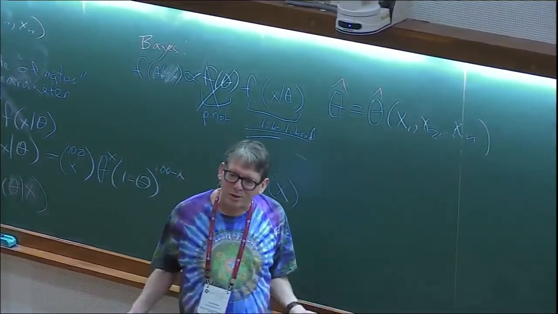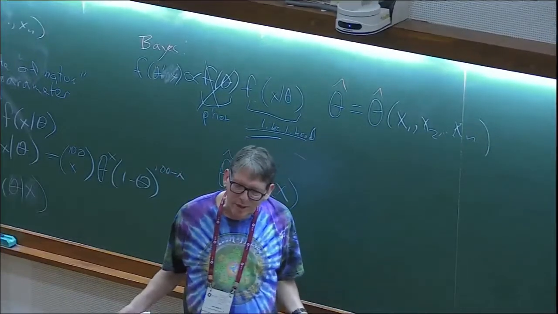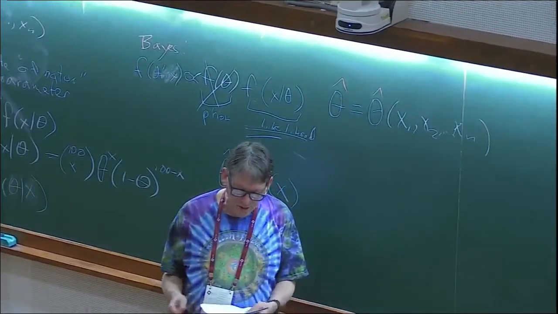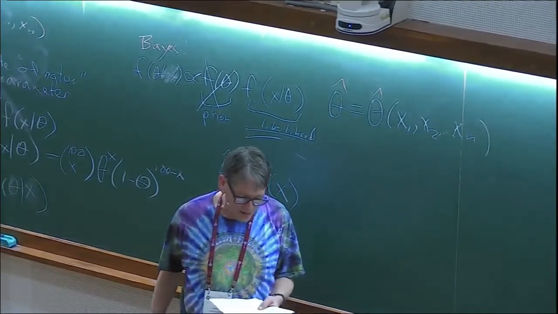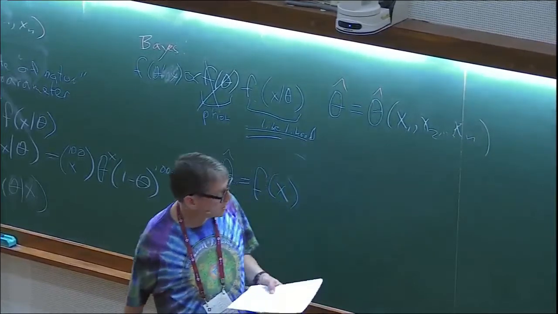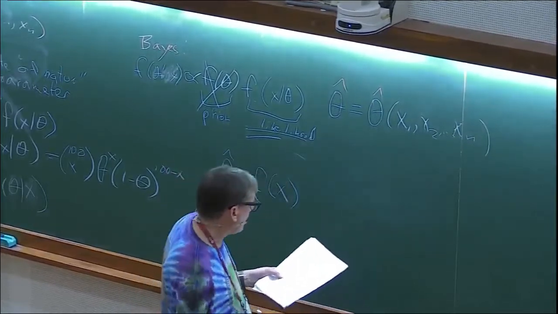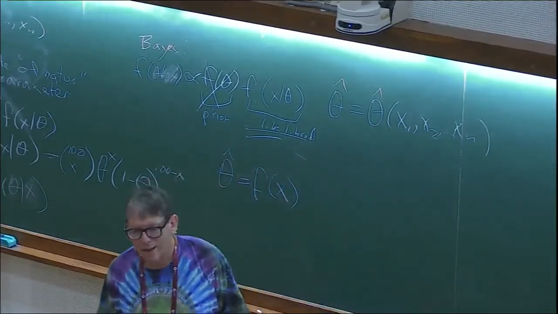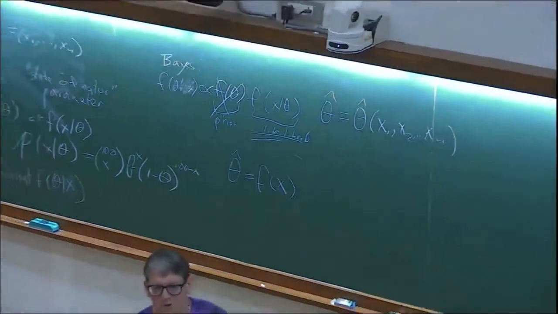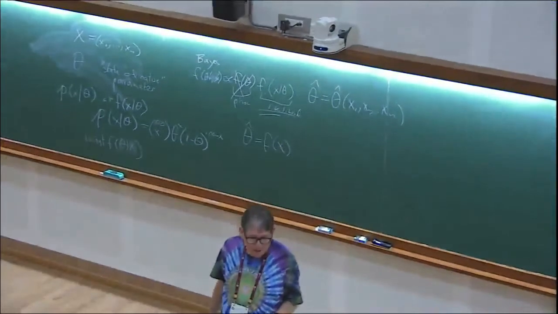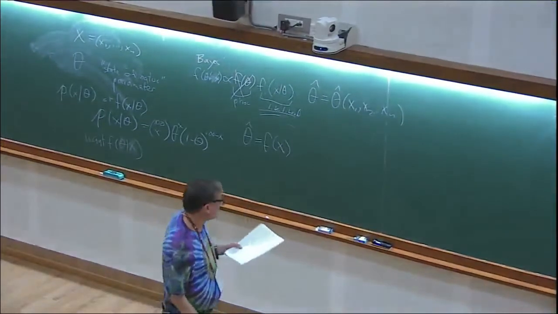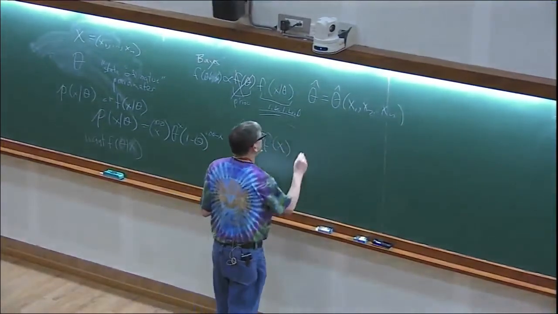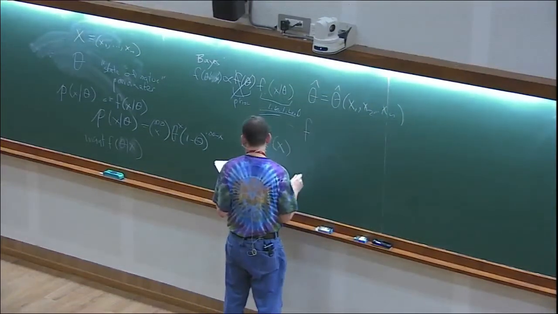Now in general, this can be very complicated, although there are cases where you can work it out exactly and check the quality of your approximation. But the point is that we haven't given up the idea of having a distribution in the answer, because theta hat is a random variable, and consequently, it has a density.